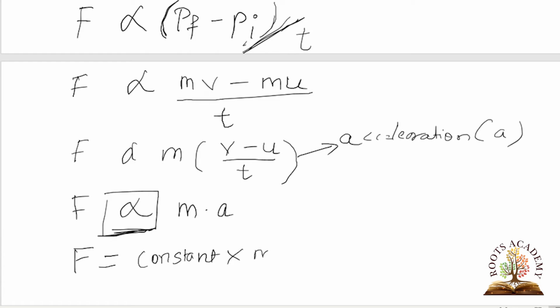So constant into mass into acceleration. This constant is also written as k, so k into mass into acceleration. So the second law of motion is nothing but force is equal to the constant times mass into acceleration.